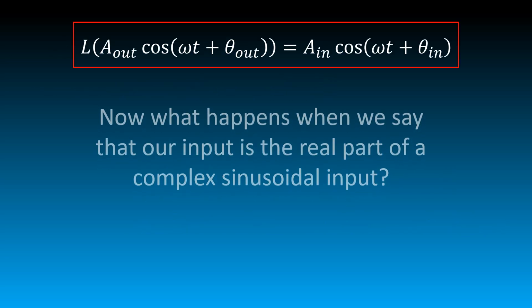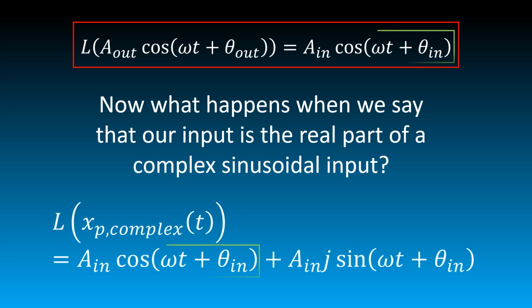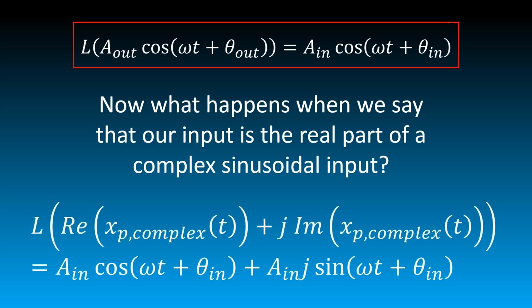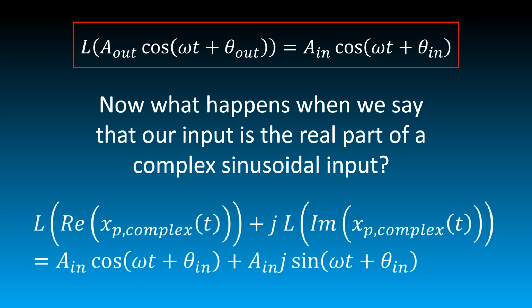So what happens when we say that our input is the real part of a complex sinusoidal input? Well, we can solve this by breaking down the output into its real and imaginary parts. We can then distribute the linear operator to both the real and imaginary parts.